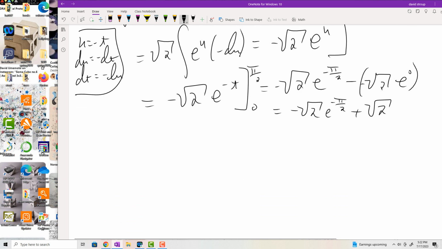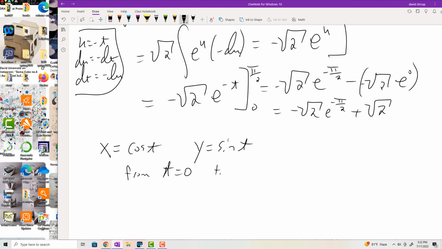Okay, so for the quiz this time, find the arc length of half the circle given by the parametric equations x equals cosine t and y equals sine t. So half the circle means you're integrating from t equals 0 to t equals pi, right?